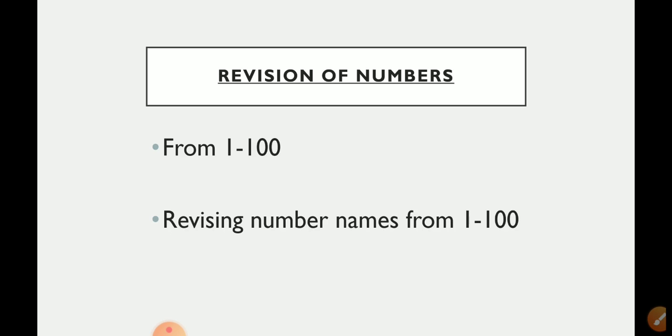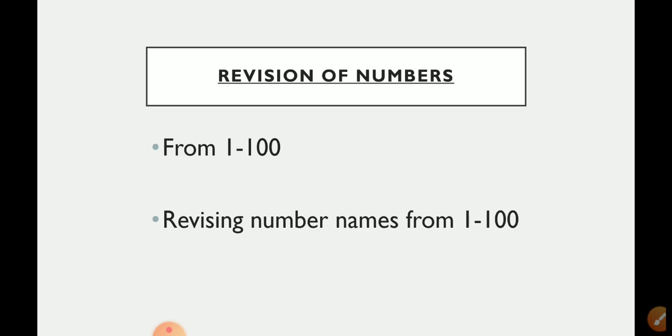So, for that, you have to revise the numbers from 1 to 50 first, which you have learnt in grade 1, and coming to grade 2, you will have to revise or learn from number 1 to 100. And then coming to number names, you all know the spellings of the number names or the numbers.